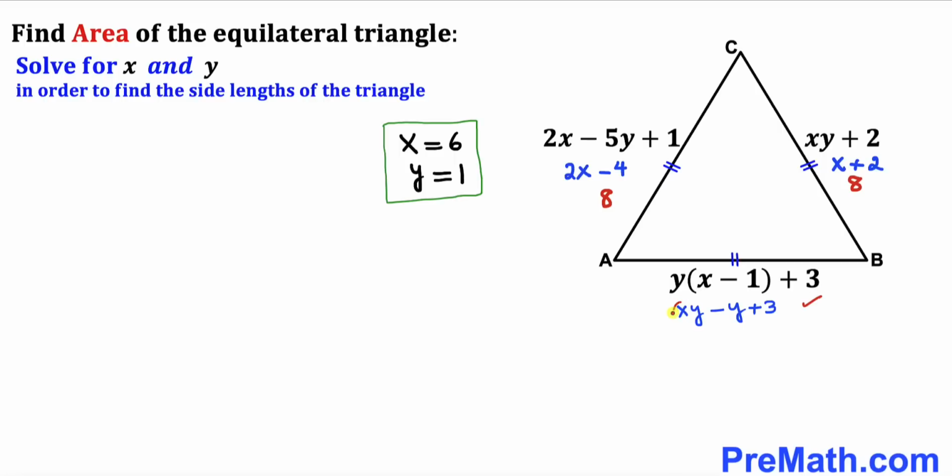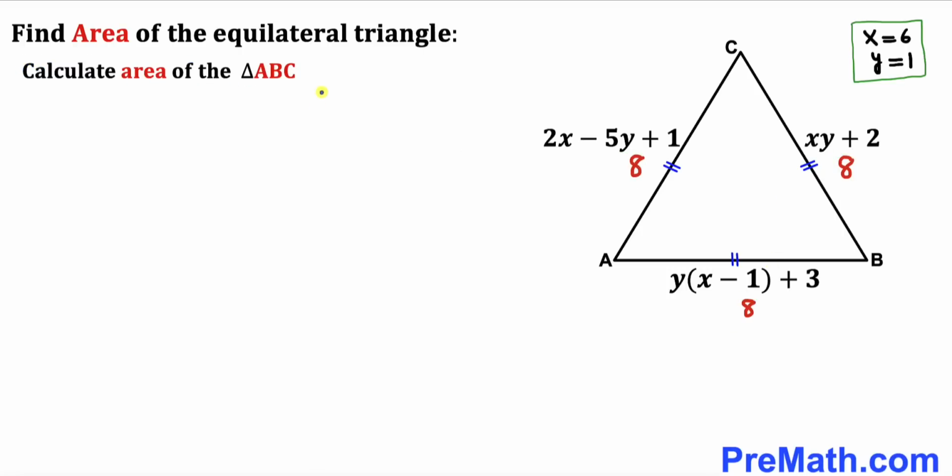If I replace x by 6 and y by 1, this becomes 6 times 1 minus 1 plus 3. That gives us 6 minus 1 plus 3, which is 8 units as well. Now we can see all these side lengths turn out to be 8. So no wonder this is an equilateral triangle.